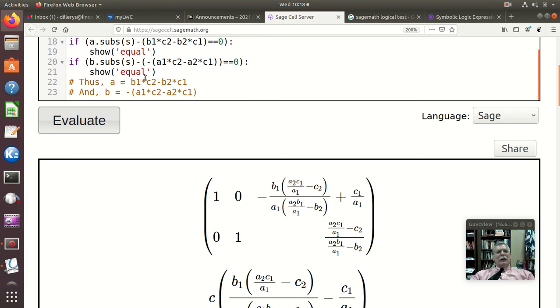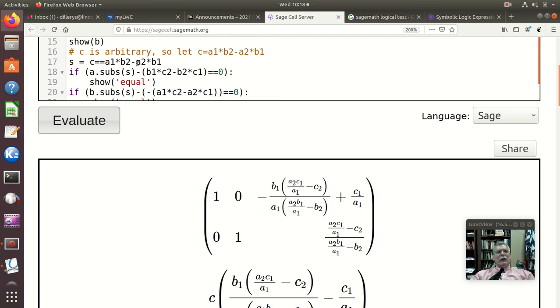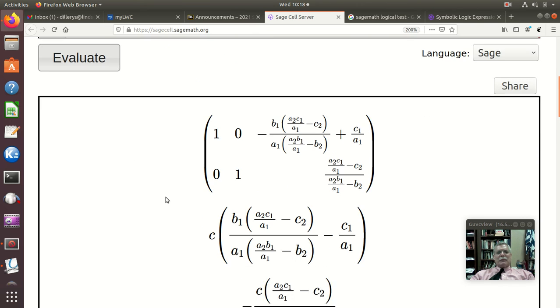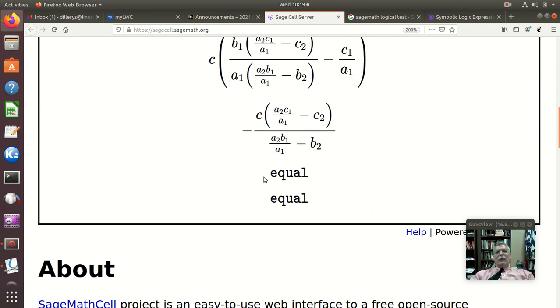And similarly, if I substitute in C equals this into the B, and subtract the negative of this thing, do I get 0? And if so, it turns out two equal statements. And so notice each of them spit out equal.